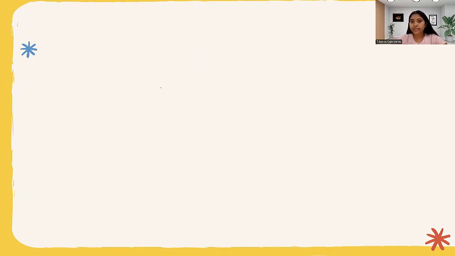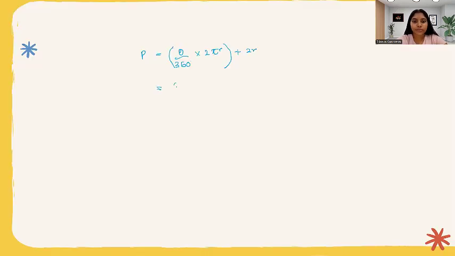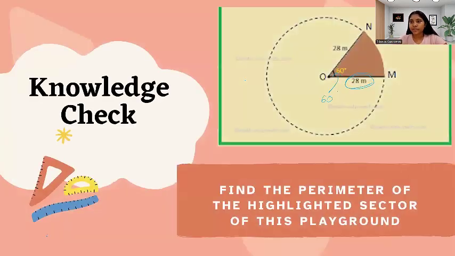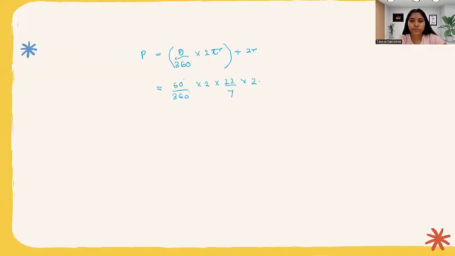Theta, the angle at the center, is 60 degrees, into 2 pi equals 22 over 7, r. r is also given, that is 28 meters, plus 2 times radius.